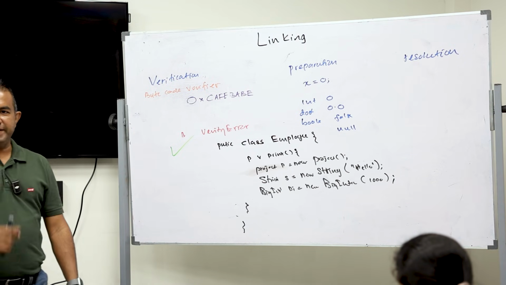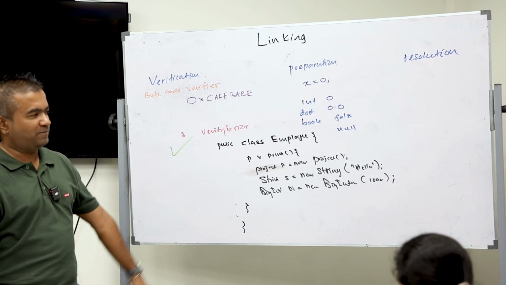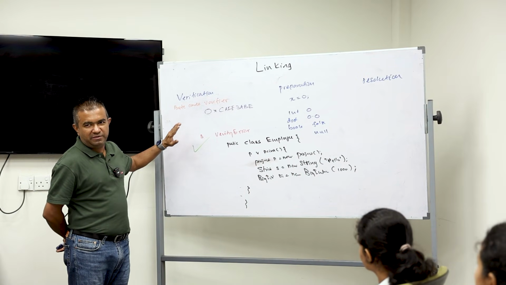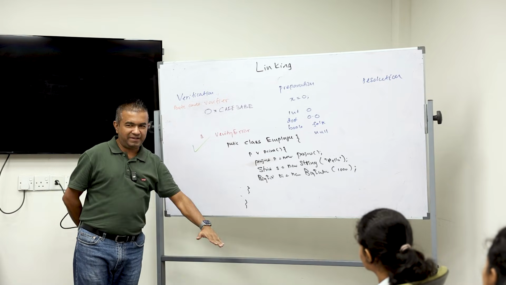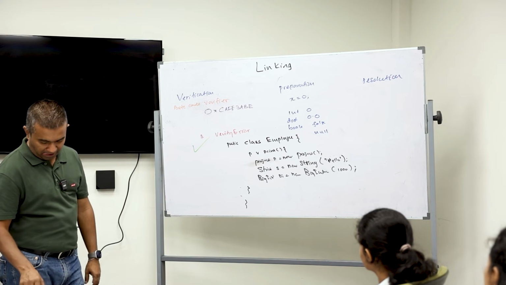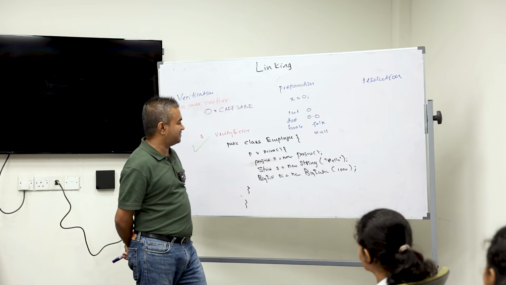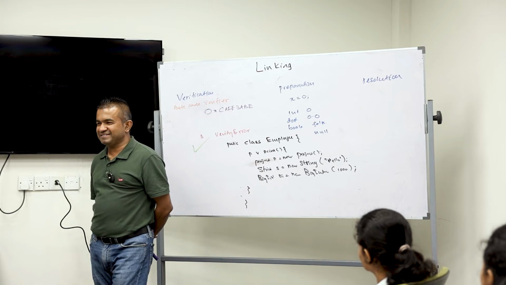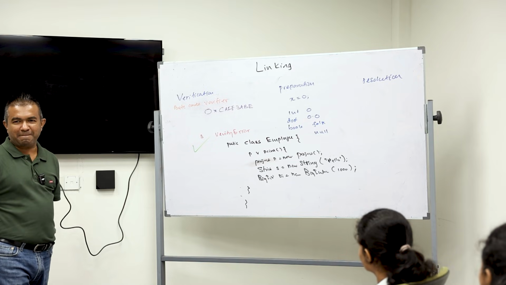Okay, tell me how many classes are being loaded. If this program is executed, how many classes are being loaded? Forget that you have to have a main method somewhere. By looking at this code, how many classes are being loaded? I'm going to give a gift if you give the right answer. Shankar, how many?